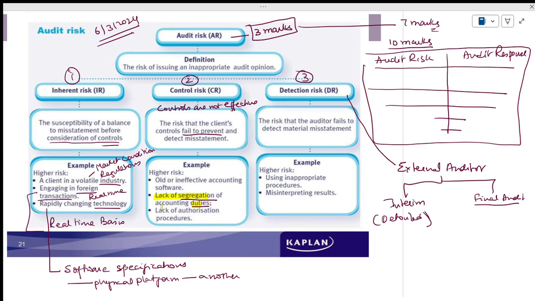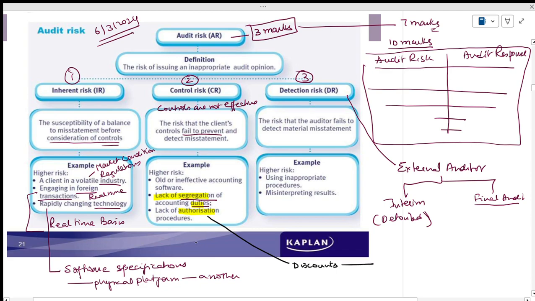Lack of segregation. The most important thing in audit risk is you should have a segregation of duties. No one task should be done by more than one person. And lack of authorization. When you are talking about authorization, I am giving a real example. The business wants to give discounts.